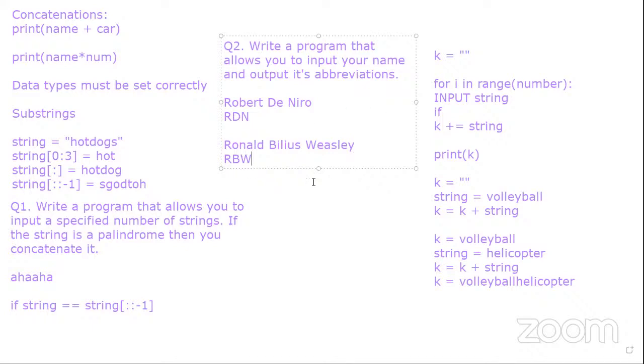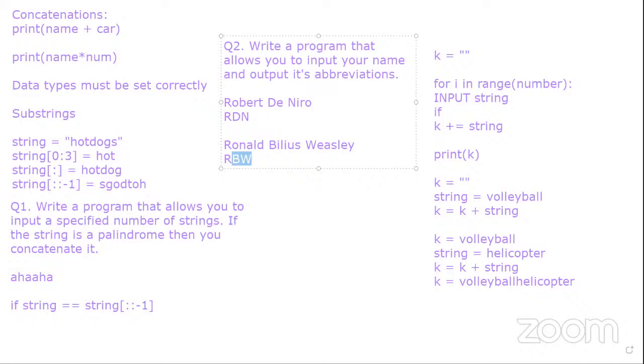And remember, when you're doing abbreviations, it's got to be in capital letters. So if you're done with question 1, just move on to question 2. And if you are indeed done with question 1, just type in the chat "question 1 finished", so I can know how many people have finished.